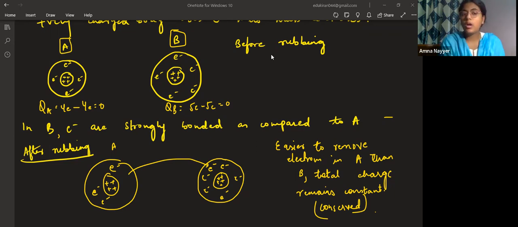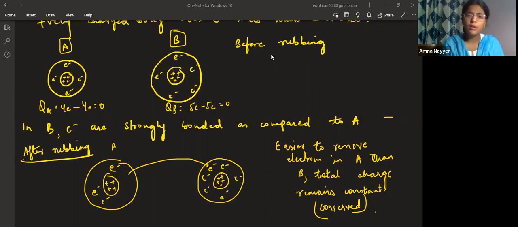Now see, what if the condition given is that electrons are strongly bonded in B as compared to A? Electrons are very tightly held in B, and in A they are not held as tightly as in B, right? So which will allow the electrons to move?